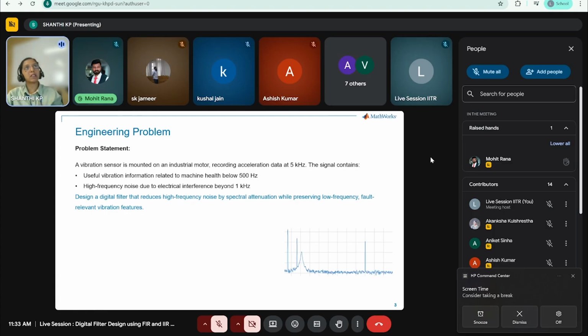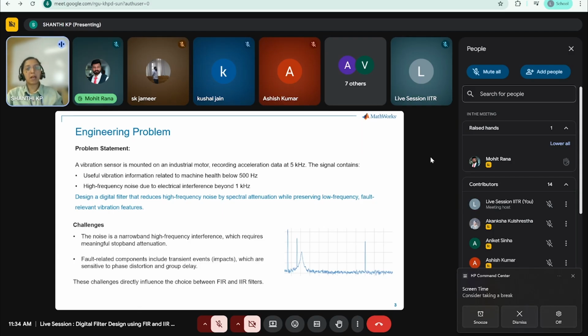The signal contains useful vibration information related to machine health, which is below 500 hertz, and high frequency noise due to some electrical interferences, which is beyond 1 kilohertz. So the question here is, how can we design a digital filter that reduces this high frequency noise while preserving low frequency fault relevant vibration features?